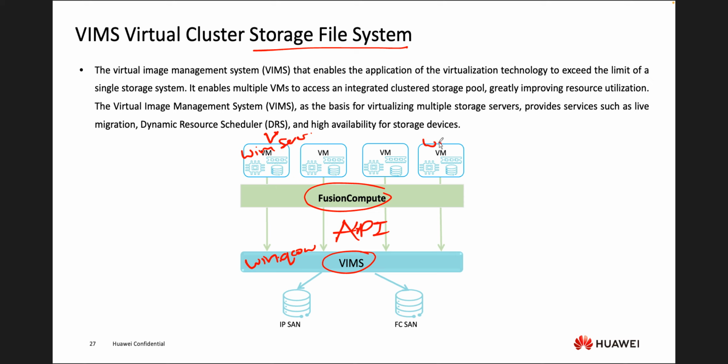And you have two VMs that use that same file, so they would use that file to spin up their server. The same file spins up that server for both VMs, and that's what the VIMS does. It keeps that storage like an integrated cluster storage pool. That's why we're saying it greatly improves resource utilization, because you use one file, and that one file is shared across two different VMs. All right, I hope that makes sense.